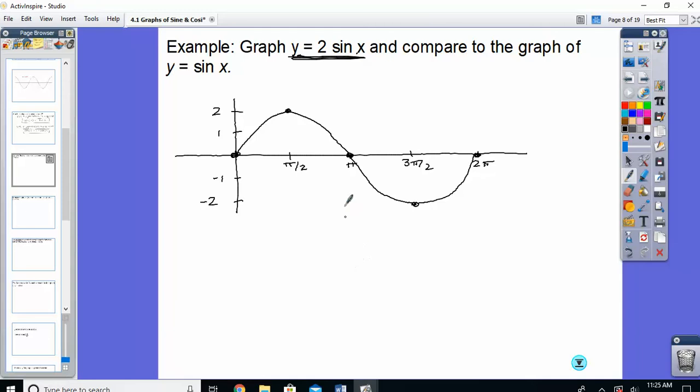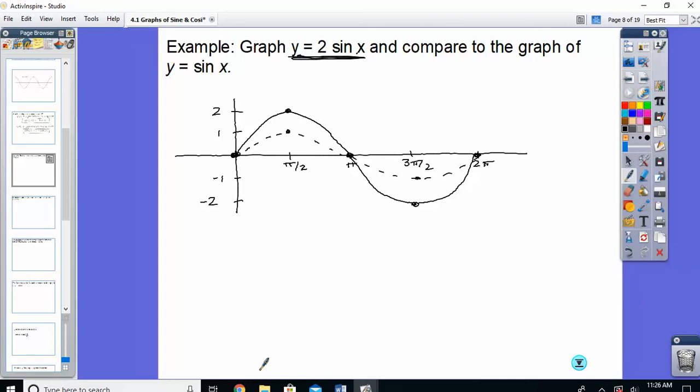I asked you to compare that to the graph of sine. The sine that we graphed before was exactly like this, except at pi over 2 and 3 pi over 2, our y values were 1. So what did that 2 in front do? It's like a vertical stretch, right?